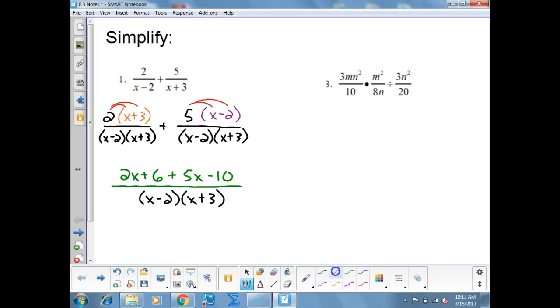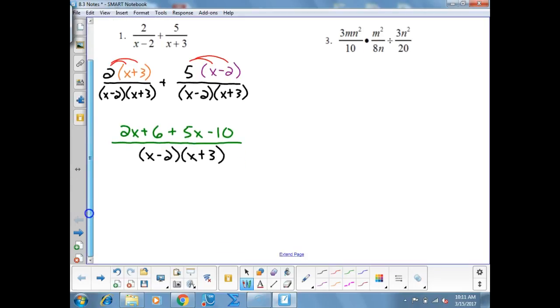Yes? Okay. Top then becomes 7x minus 4. Can anything be factored out of 7x minus 4? Nope. So then that bottom becomes x minus 2 and x plus 3. So that is my answer.